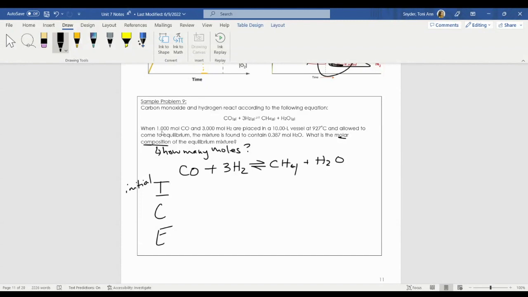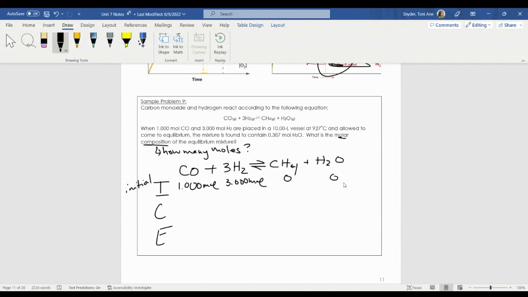And it says we have 1 mole of carbon monoxide and 3 moles of hydrogen, and it's allowed to come to equilibrium. So these are my initial amounts. I have 1 mole of CO and I have 3 moles of H2. I didn't put any methane or any water into this system initially, so that initial molar amount would be 0.